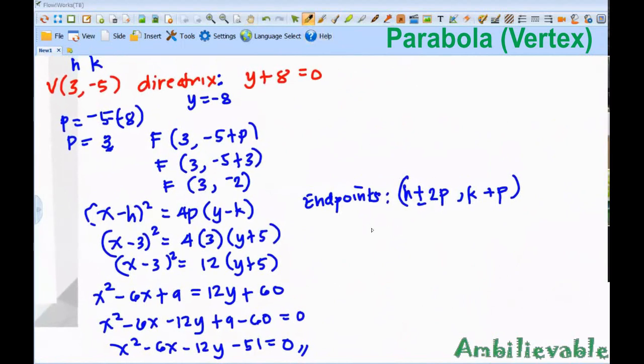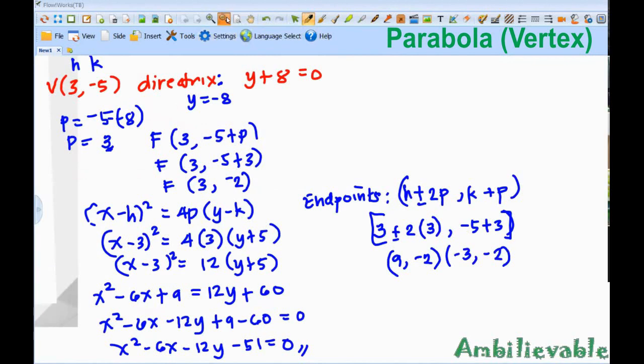H is 3. What about the P? P is also 3. So therefore, the K is negative 5 plus 3. So we have the values here: 3 plus 6 will be 9 and negative 2. At the same time, we have 3 minus 6 is negative 3, negative 2.